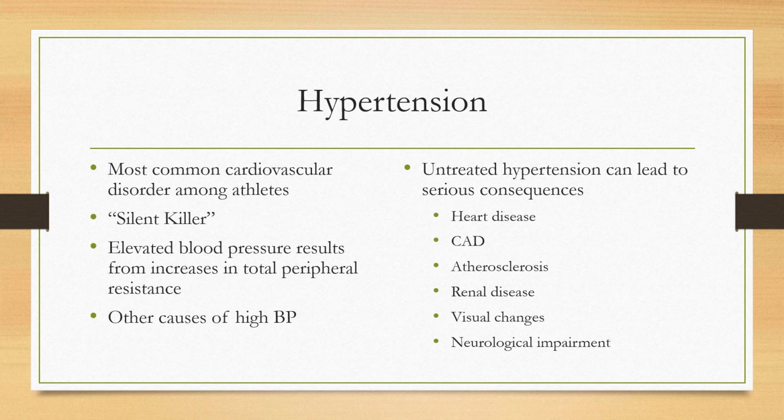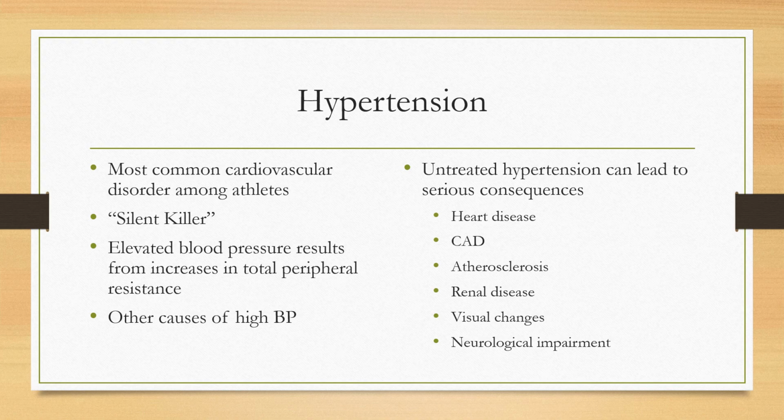And elevated blood pressure results from increases in total peripheral resistance. And so you have smooth muscles surrounding your arteries, and sometimes they tighten too much, and that is an external way to increase your blood pressure because that lumen is smaller. But then it's important when you guys are taking blood pressures to think about other causes of high blood pressure, like exercise.